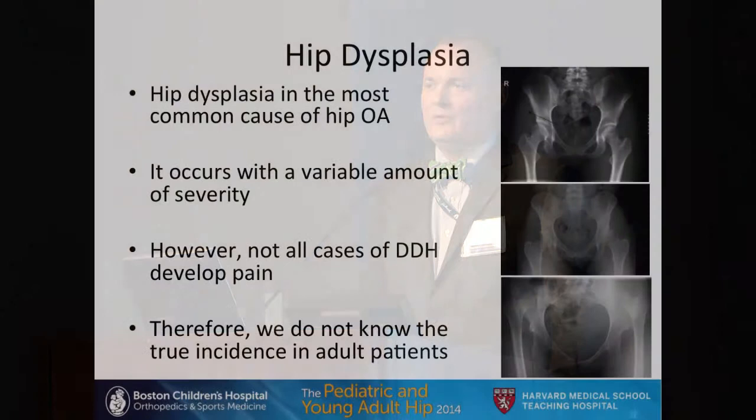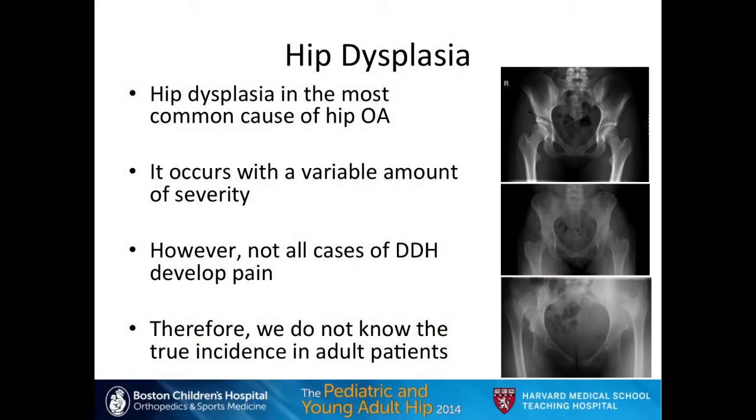That gets to the point that not all cases develop pain, and therefore we don't know the true incidence in adult patients. This is going to become a common theme here: when we talk about natural history, we don't really know the denominator. We don't know how many people are walking the streets of Boston and the rest of the world with a weird-looking hip x-ray who never seem to get into trouble with it.